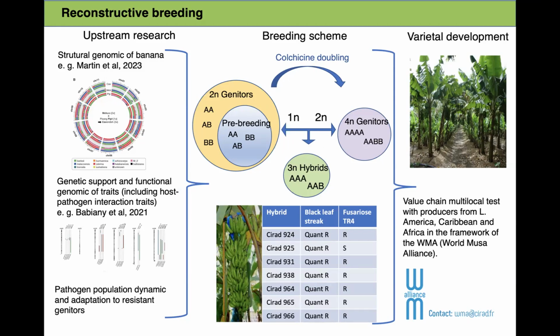Following this scheme, we were able to create new hybrids, and with disease resistance evaluation under controlled conditions or in the field, we were able to demonstrate that these hybrids are resistant to black leaf streak disease with a quantitative resistance, but also to Fusarium TR4. And these hybrids also present a new quality characteristic, and it could be useful to introduce diversification in the market and value chain.